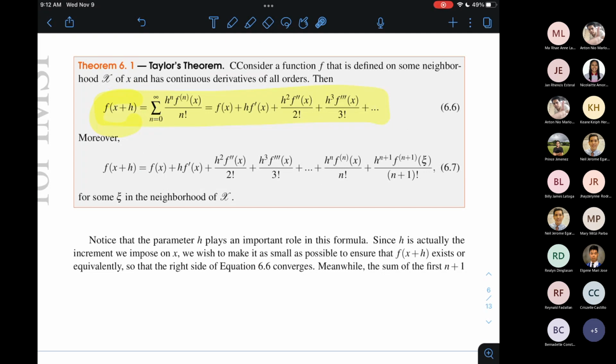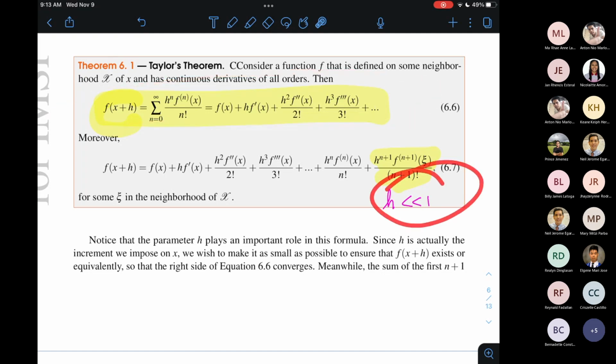Well, if you're truncating the Taylor series expansion to a Taylor polynomial of degree n, then you are incurring this amount of error. Okay? And this is fine as long as h is a number that is much less than 1. Alright? Kasi kapag kasi h ay mas malaki na kay 1, so h to the power n plus 1 will increase. Alright? So which will make this expansion divergent. Okay?